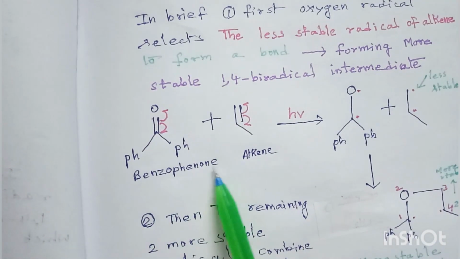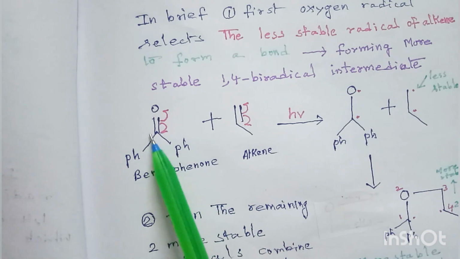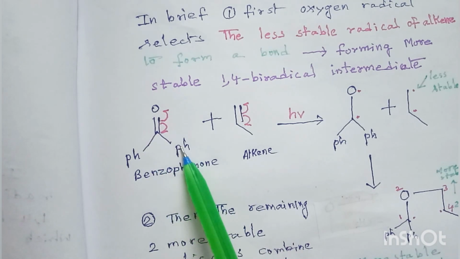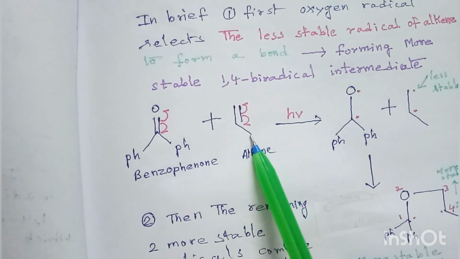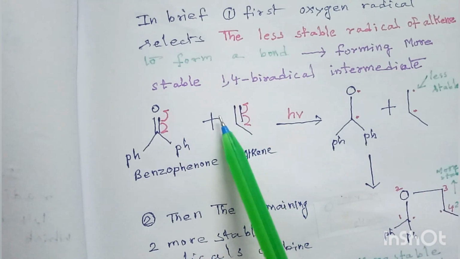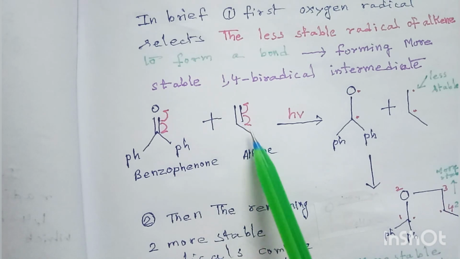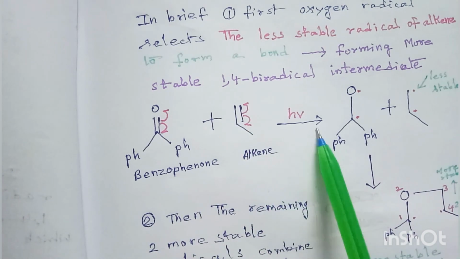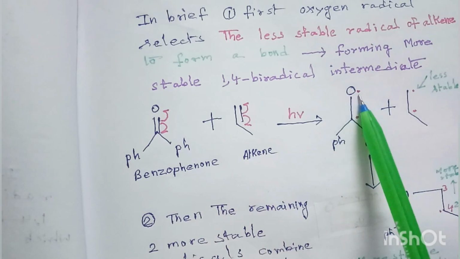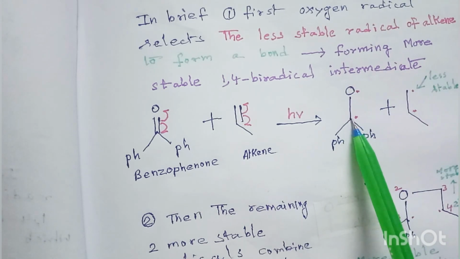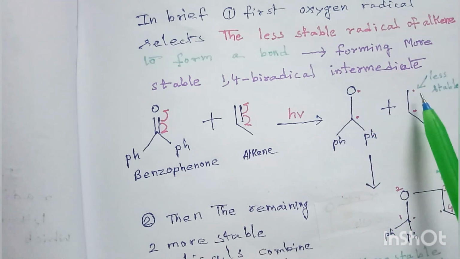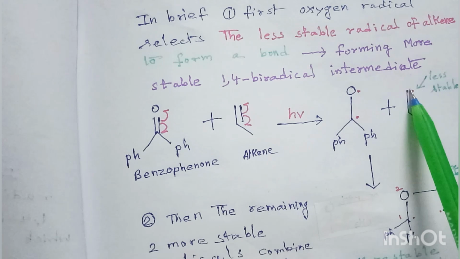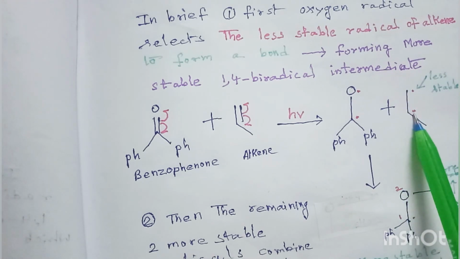So this is benzophenone, a carbonyl compound. This is an alkene with a CH3 attached here. So this is a symmetrical alkene. So in the presence of UV light, an oxygen radical is formed, a carbon radical is formed on the ketone, as well as a carbon radical here and a carbon radical here on this alkene.